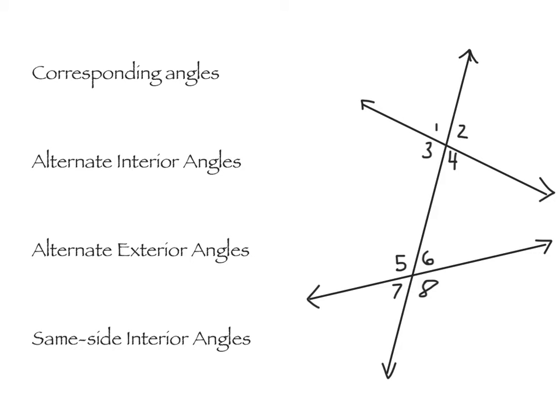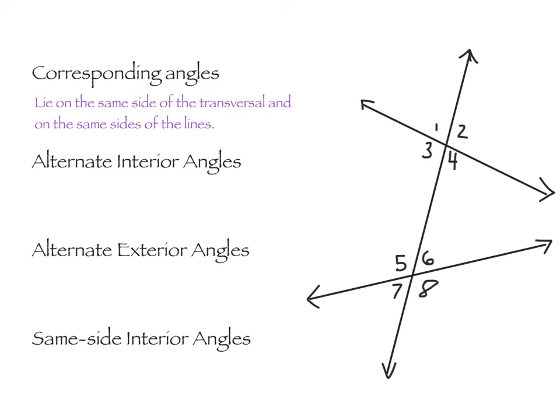So let's talk about corresponding angles. Corresponding angles lie on the same side of the transversal and on the same side of the lines. What does that mean? They lie on the same side of the transversal. If this is my transversal, corresponding angles either both have to be over here or both have to be over here.